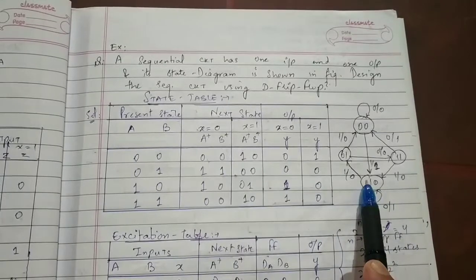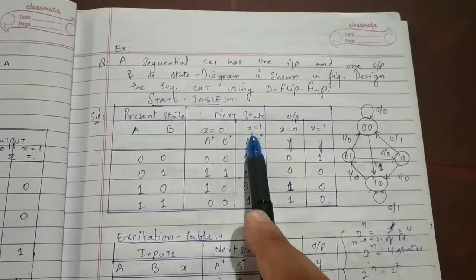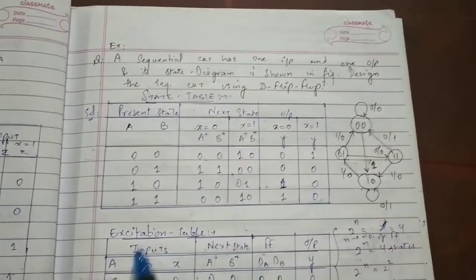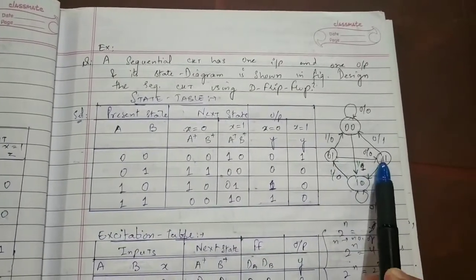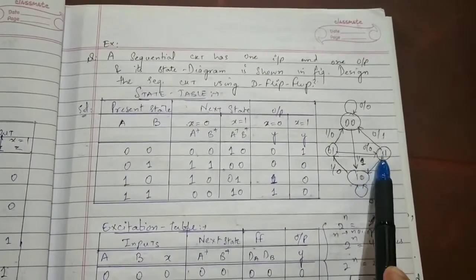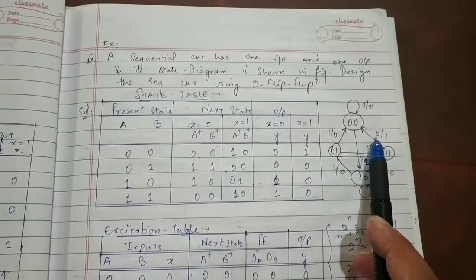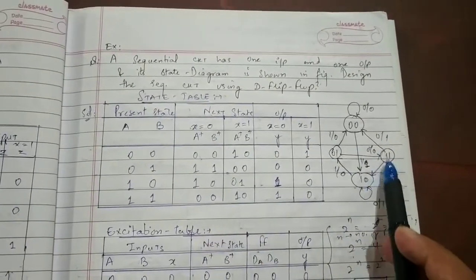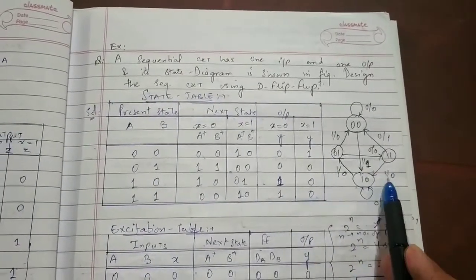For 10, the next state is 01 when input x is equal to 1 and output y is equal to 0. And for the fourth combination, 11, one arrow goes to 00 and one arrow goes to 10. For 11, the next state is 00 when input x is equal to 0 and output is equal to 1. For 11, the next state is 10 when input x is equal to 1 and output y is equal to 0.